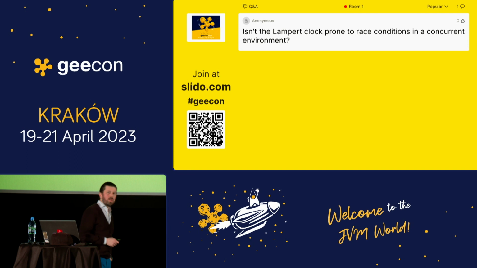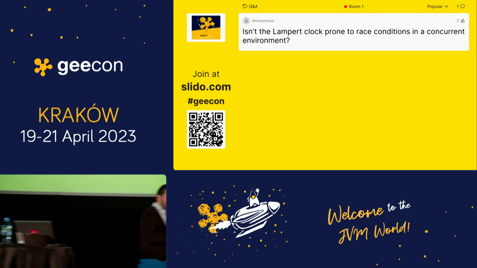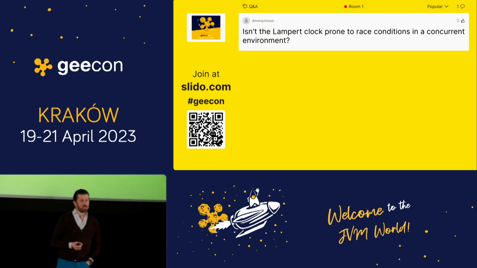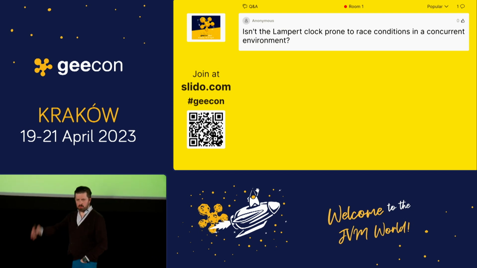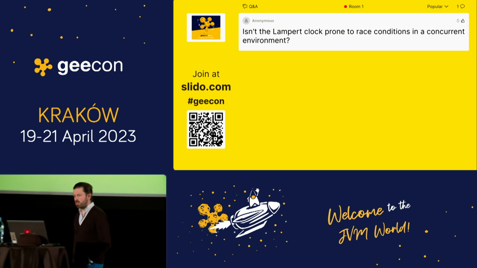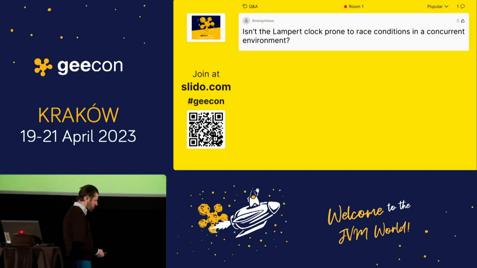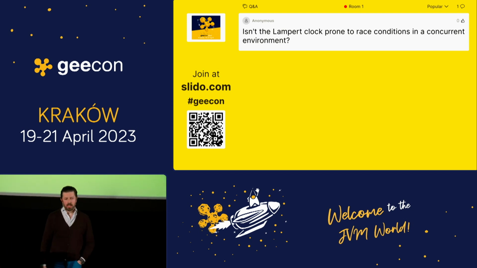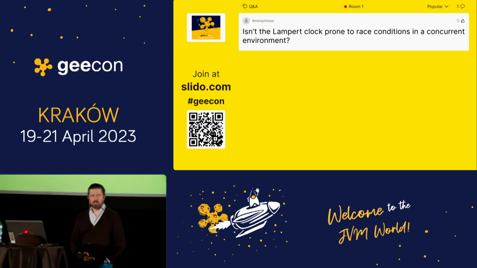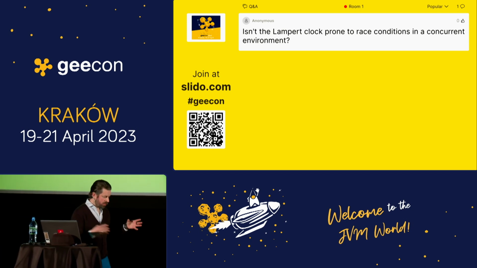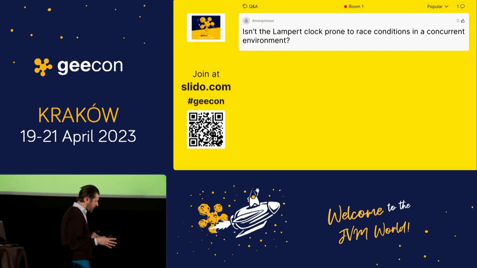Yes, it is. Lamport clock is prone to race condition because it's supposed to be a single server. That's why an evolution of a Lamport clock by many is considered a vector version or a vector clock. But then vector clock has its deficiencies because as we store identifiers of all the servers, it can grow.